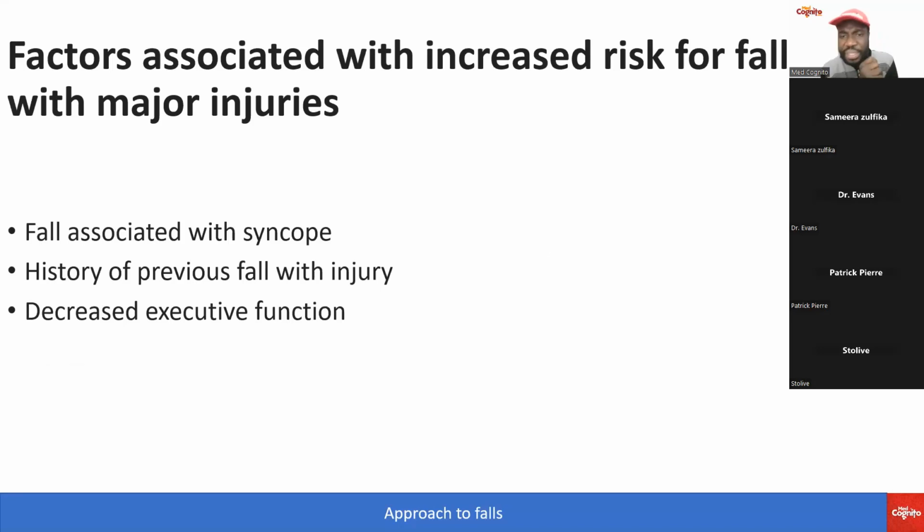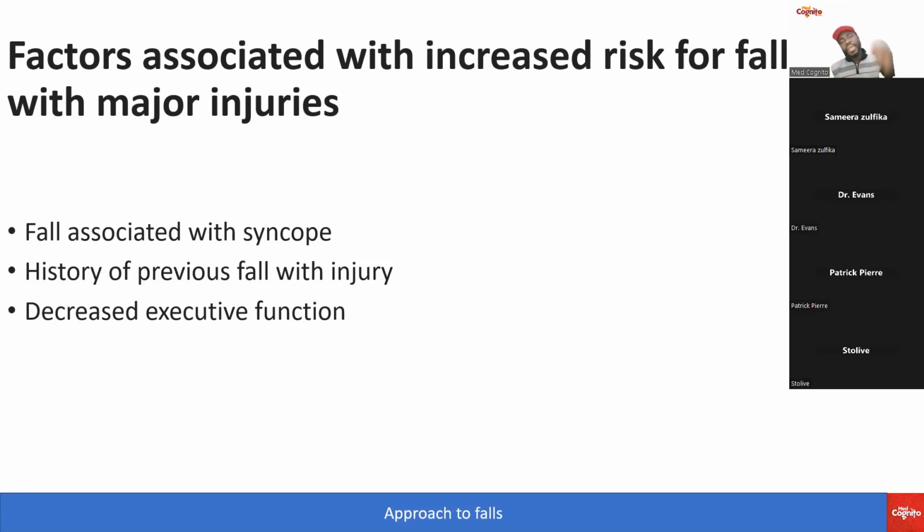Now, this is a very important point that I need you to make a note of. Which factors are associated with increased risk for falls with major injuries? We've looked at factors which are risk factors for falls, but how will I know that this patient may have a major injury?